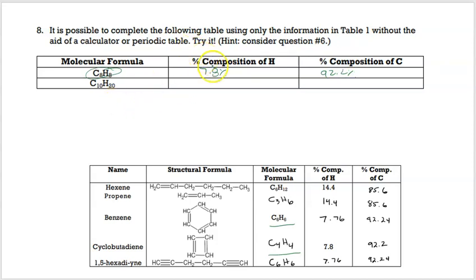And if you went through and did the math, that's what you'd get. So let's save some time. If we already have percent composition for a 1-to-1 ratio, we already know the percent composition for any compound with a 1-to-1 ratio of carbon and hydrogen. Now for C10H20, that's a 1-to-2 ratio, so we would use this percent composition here, right? Like C6H12 or C3H6, it's going to be 14.4 and 85.6. Boom!